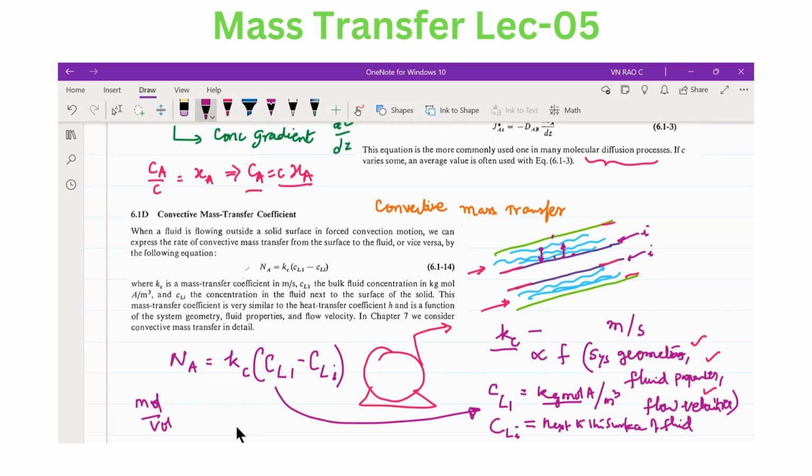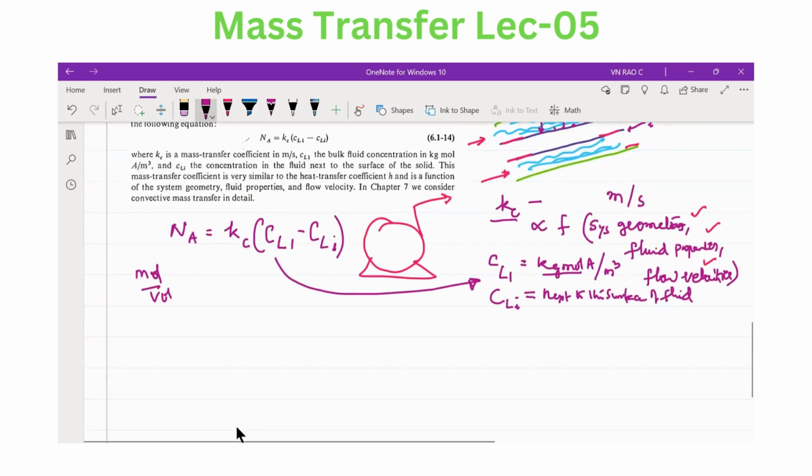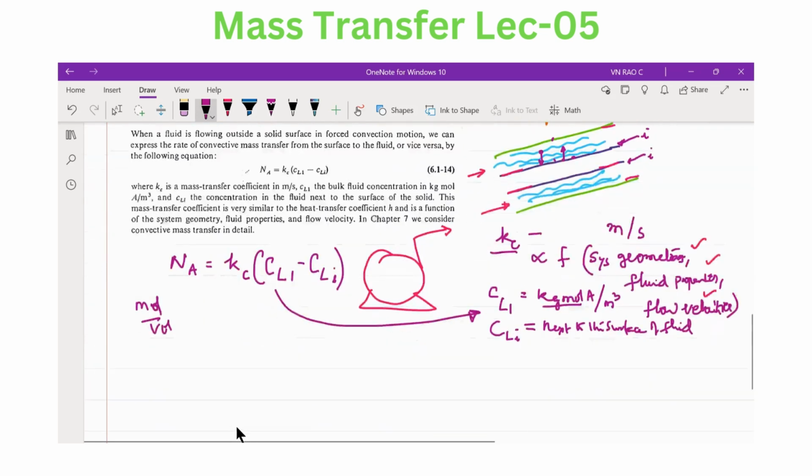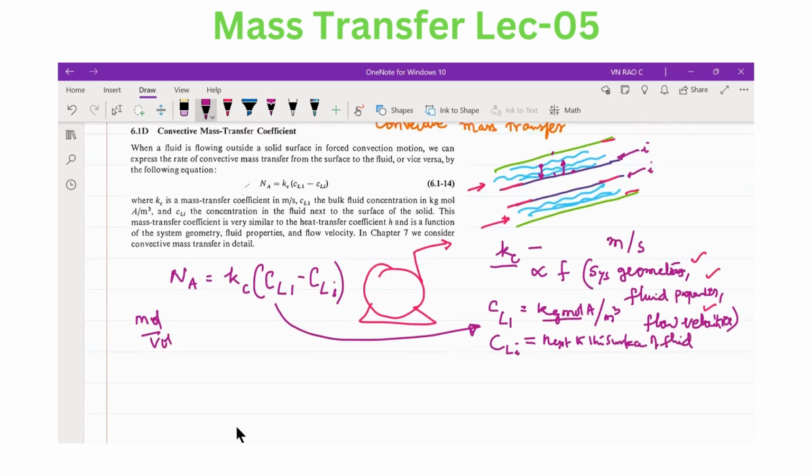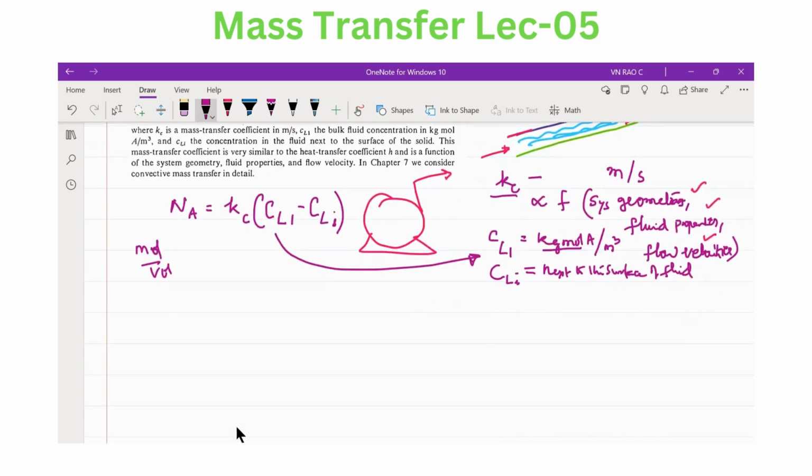So we can define the convective mass transfer coefficient. We have defined previously also, driving force divided by resistance. The driving force here is CL1 minus CLi, divided by 1 by kc, which is nothing but NA.